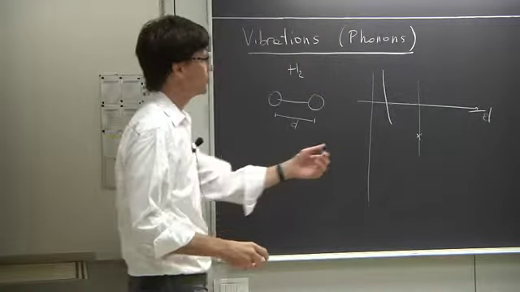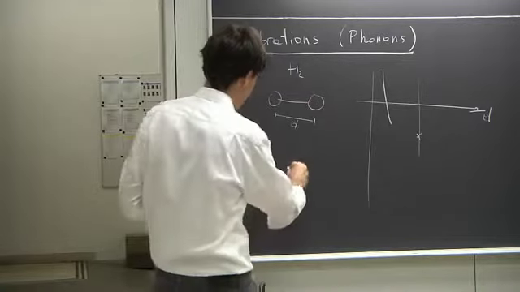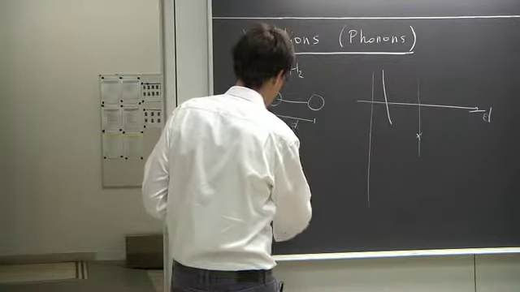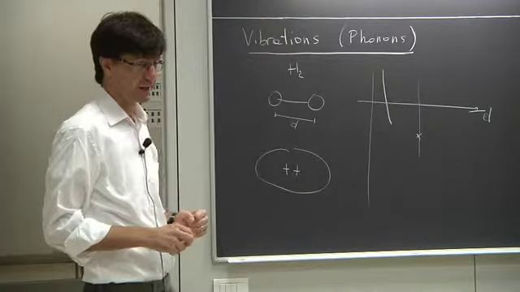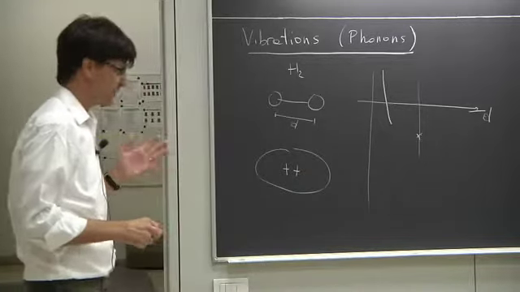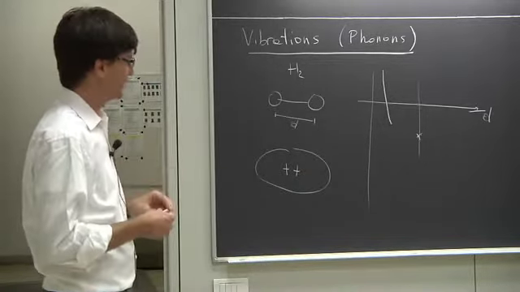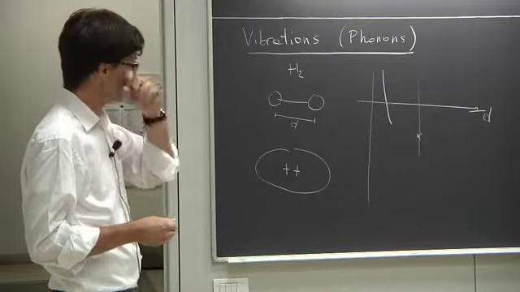Right? So if you go to short distances, if you bring the two nuclei too close to one another, the electronic cloud will be like this. Then of course you get some repulsion, for a number of reasons, not just because of Coulomb repulsion, but because of several physical mechanisms. Okay?